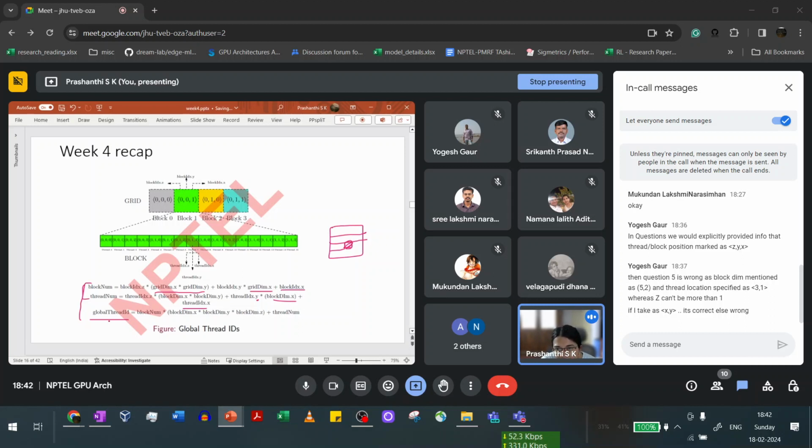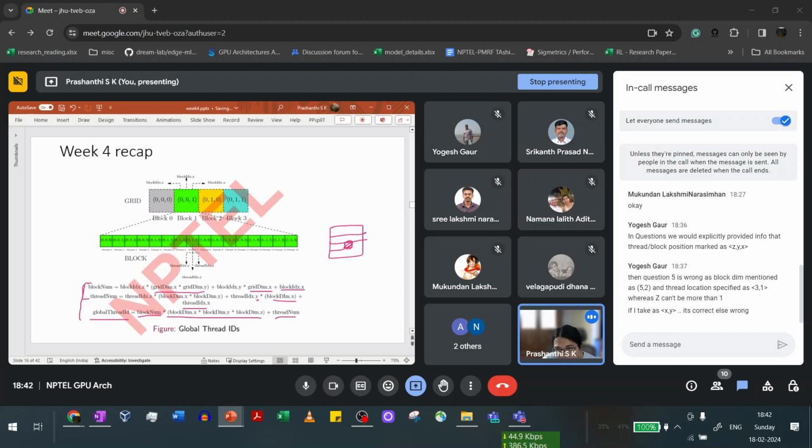Now you are trying to find, across all blocks, what is the global thread ID. So you take the block number that you have calculated and account for all the previous blocks, which you get by multiplying the x, y and the z. So there are that many blocks before this, and then you just have to add an offset.